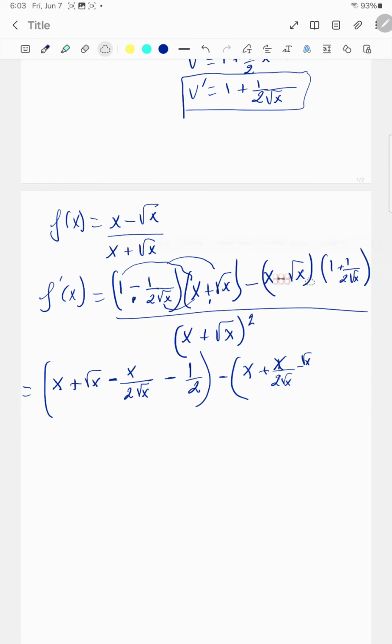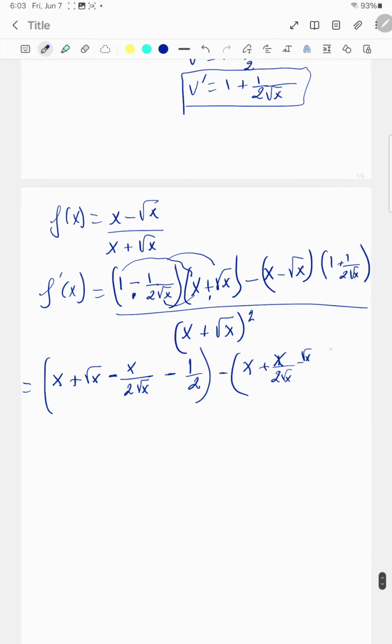So this is x times 1 is x, plus x divided by 2 square root of x, minus square root of x, and minus 1/2, divided by x plus square root of x squared.